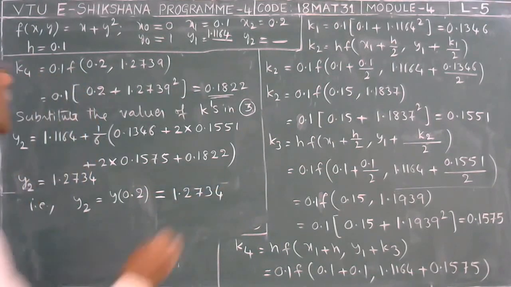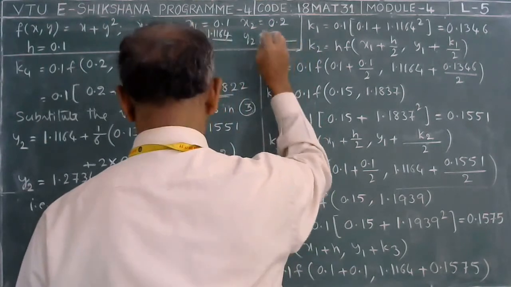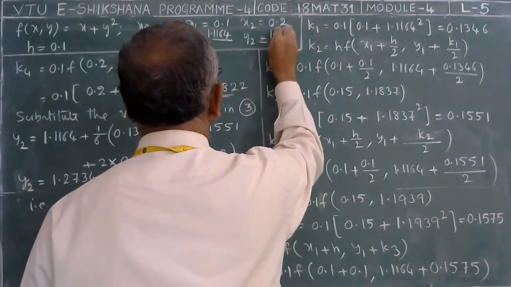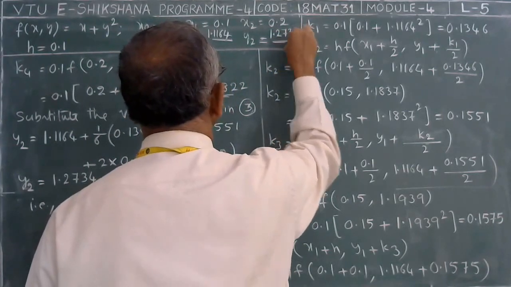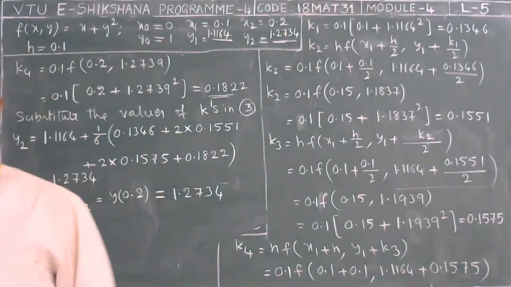So I got the value of y at x is equal to 0.2 as 1.2734. Now this completes the problem.